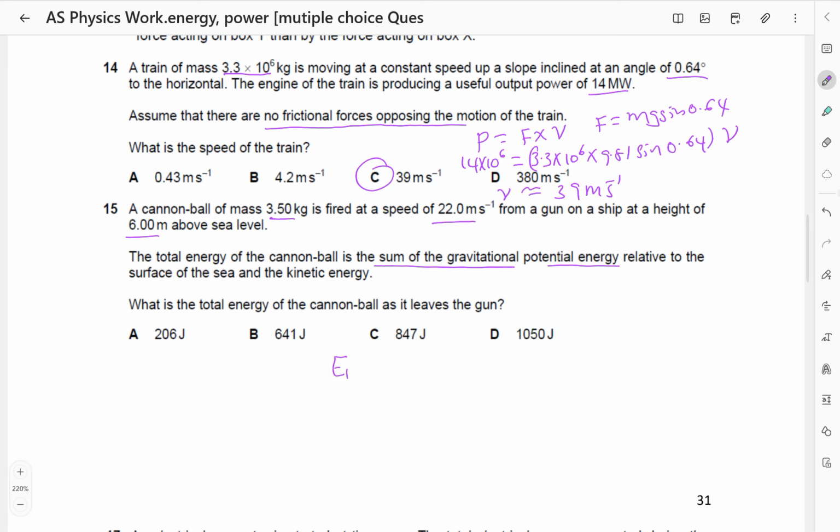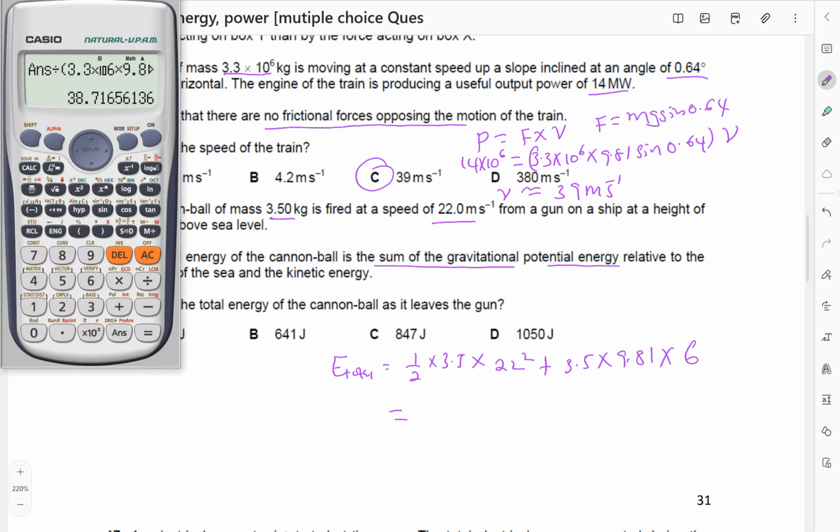We have said total energy is the sum. So this will be equal to kinetic energy, which is a half times the mass, 3.5, times v, which is 22 squared, plus the gravitational potential energy, which is mgh, the mass 3.5 times g, 9.81, times h, which is 6.